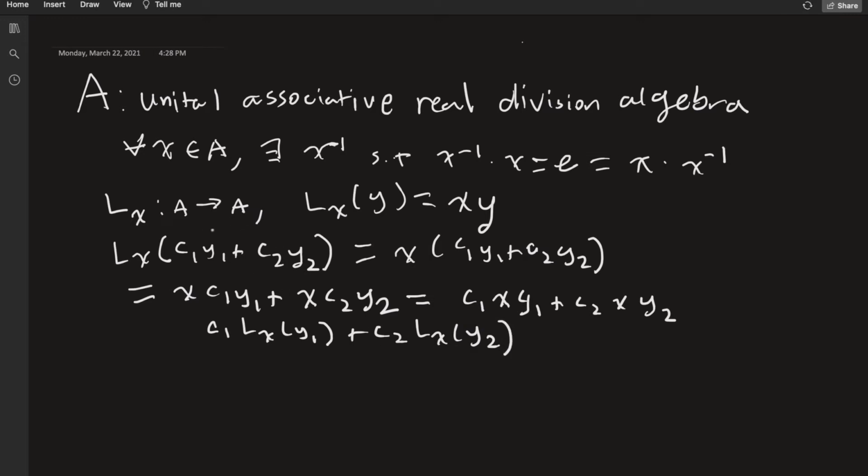And this shows that the function Lx is actually a linear function, which means that we can represent the map as a matrix. And this matrix will be filled with scalars of the field, which is in this case real numbers.